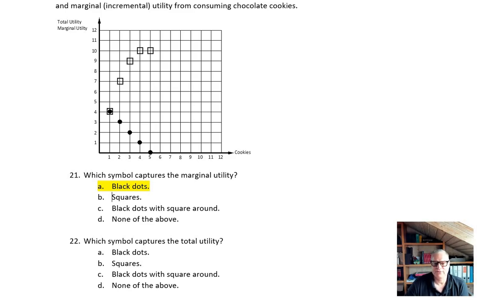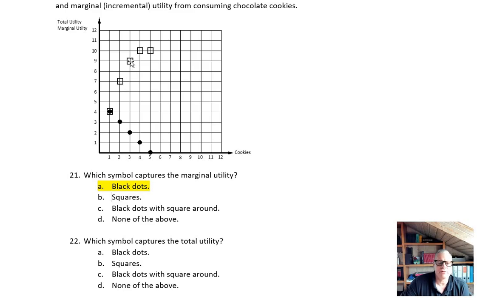For the first one you were willing to pay 4, for the other another 3, so you have accumulated already 7 units in utility. The second cookie increases your total utility from 4 to 7, and that corresponds to that marginal utility of 3.